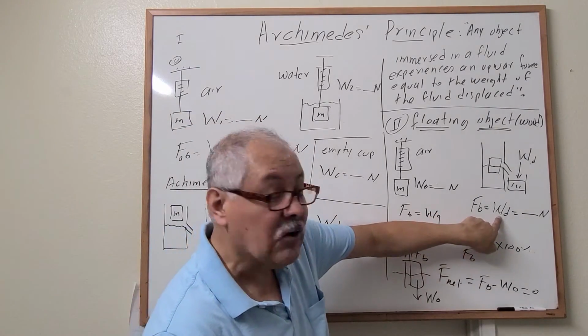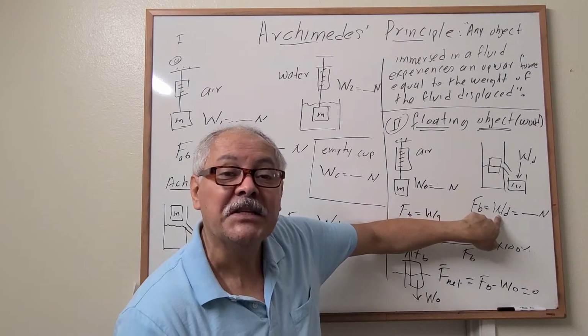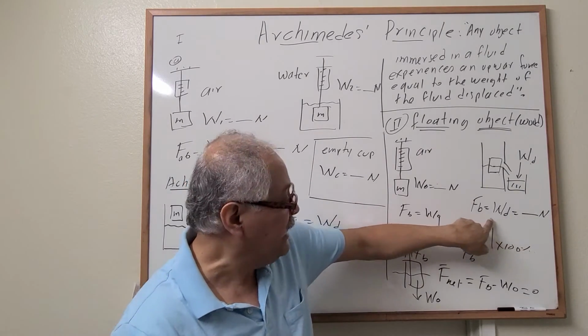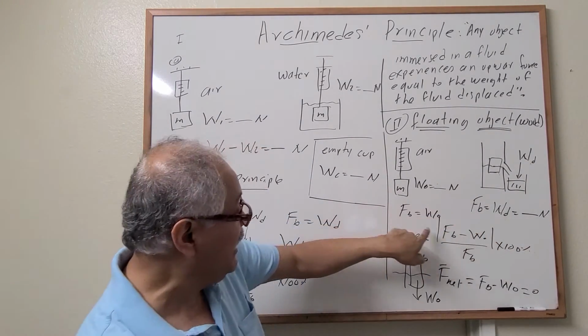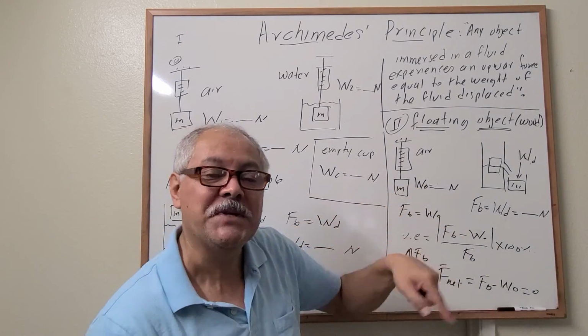But the buoyant force according to Archimedes' principle is the weight of the water displaced. Now let's find the weight of the water displaced, and that's going to be the buoyant force, and according to this formula it's going to be the same as the weight of the object in air.